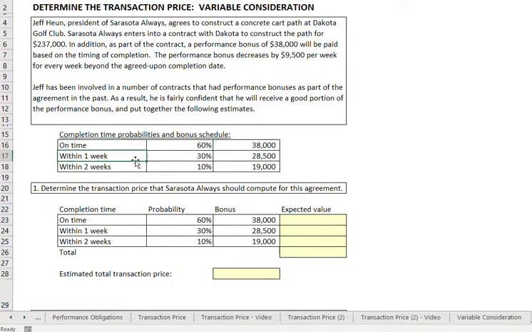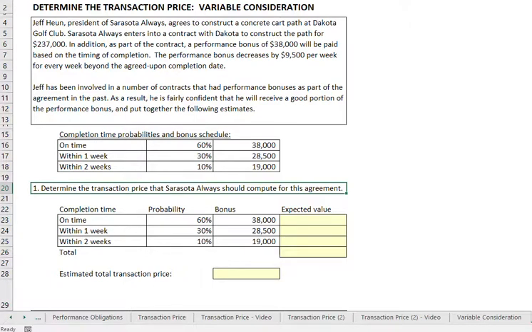Within 1 week, he will receive a bonus of $28,500, and within 2 weeks, he'll receive $19,000. And Jeff has assigned the following probabilities to these possible outcomes. So we're asked to determine the transaction price that we would compute or allocate to this part of our contract.